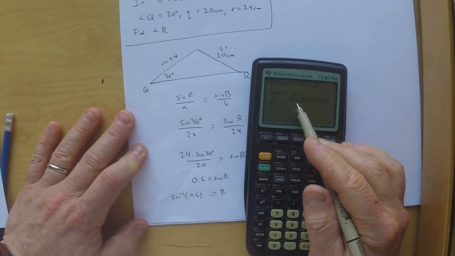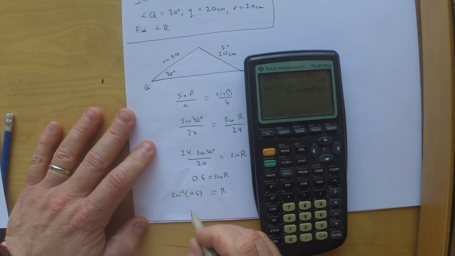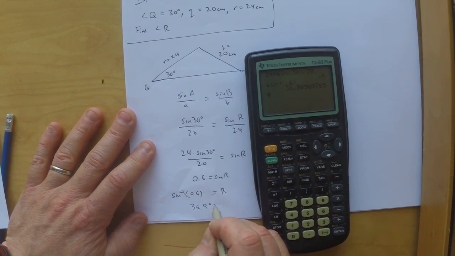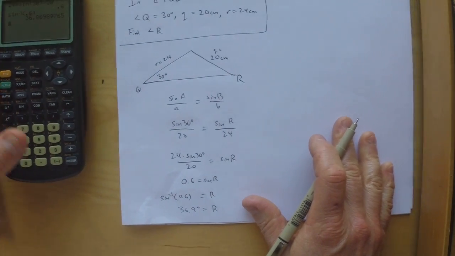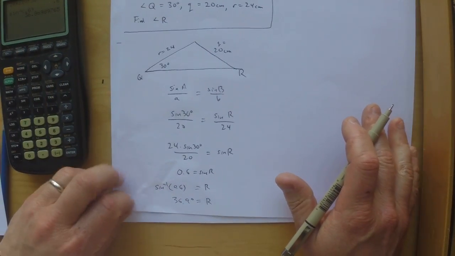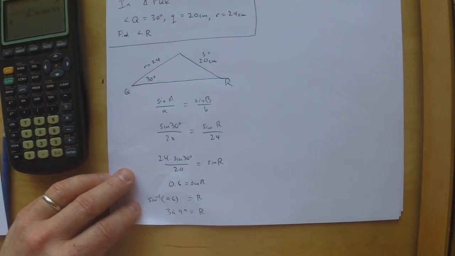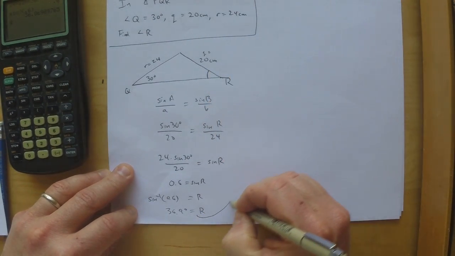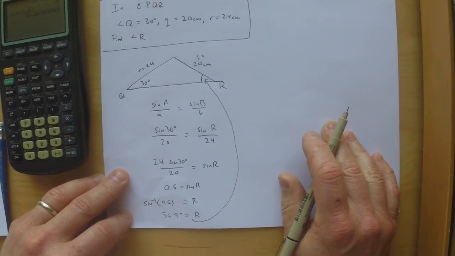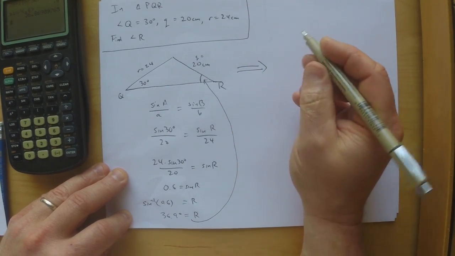And I'm going to round that. Let's make it 36.9. 37 basically, but 36.9 degrees is angle R. And I'm all excited because I have the answer. But here's where there is a little twist to this. If you look here, that looks like it could easily have been 37 degrees. It makes sense. Here's where it gets sneaky.